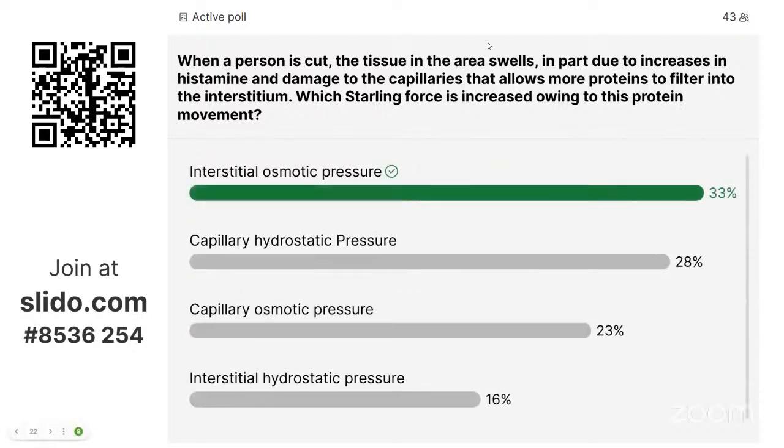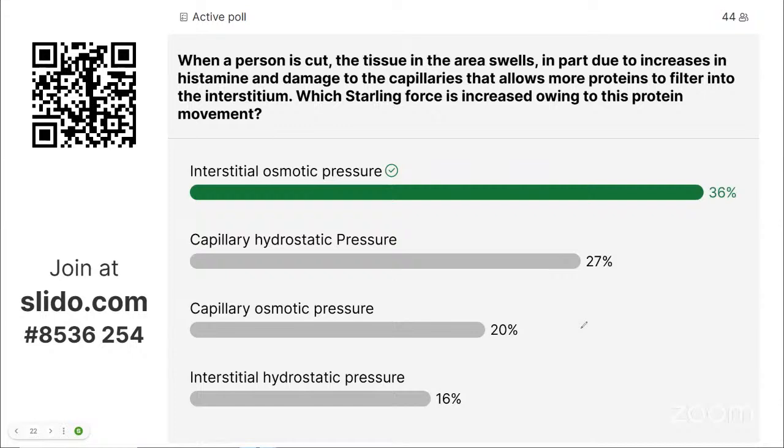Okay, let's talk it through. Okay, so what's happening here? We got our capillary, right? And usually we have hydrostatic pressure of the capillary pushing out.